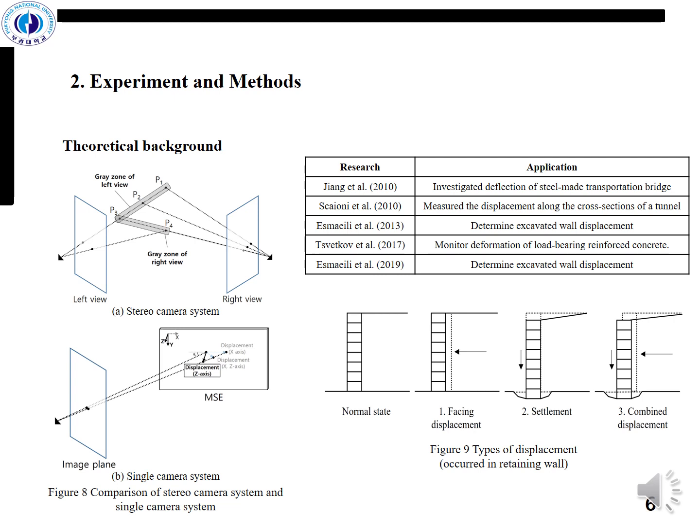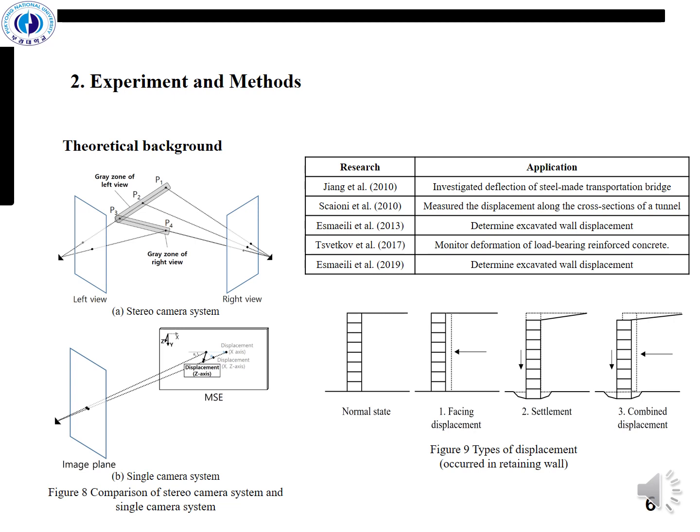Therefore, in order to solve this problem occurring at a single viewpoint, analyzing images taken from two or more viewpoints, called a stereo camera system, is recommended for analyzing the three-dimensional behavior of a structure.